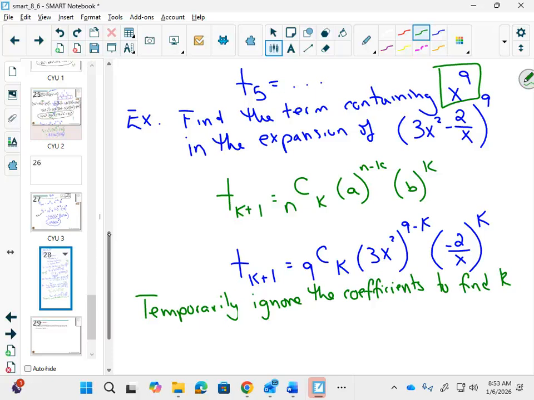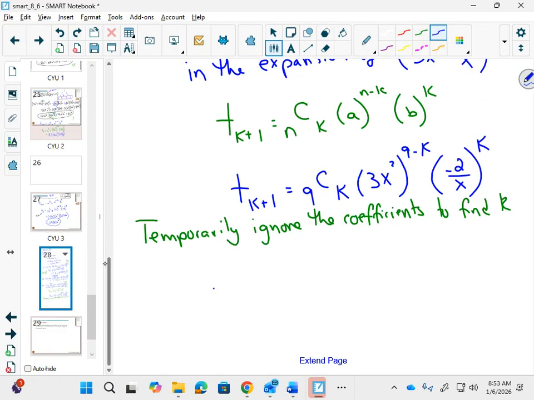Because we know that our answer for term 9 is going to have something x to the 9. But I'm just going to ignore the number in front. And I'm just going to say the only hint that they gave us dealt with the exponents of x.